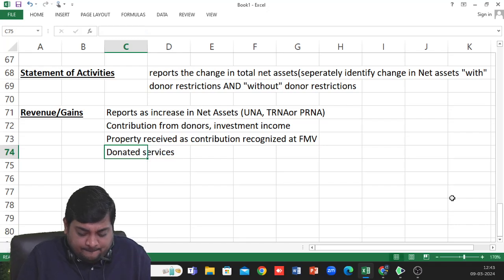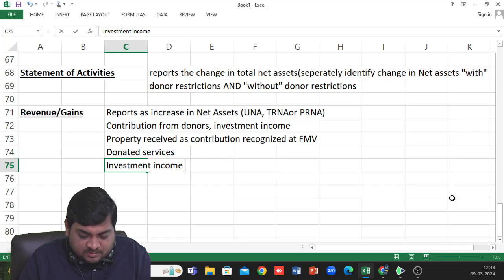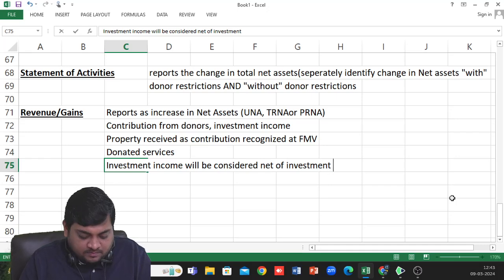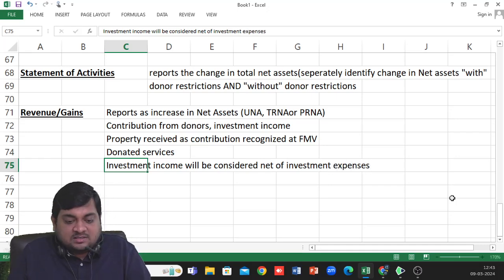Investment income will be considered net of investment expenses.